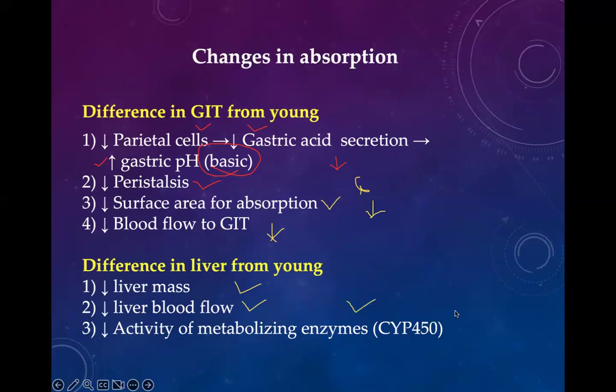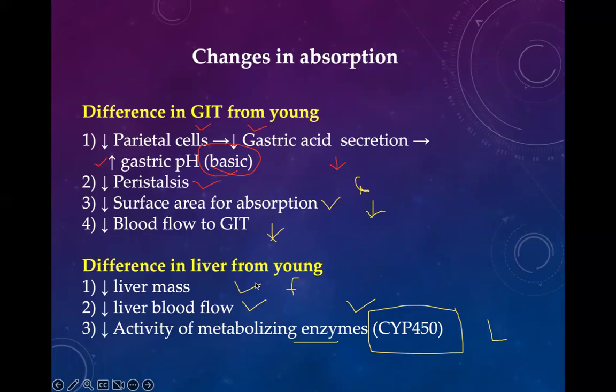And these are from the family of cytochrome P450. Now, if the liver is the factory for metabolism, the enzymes are the labor to get the work done to metabolize the drug.